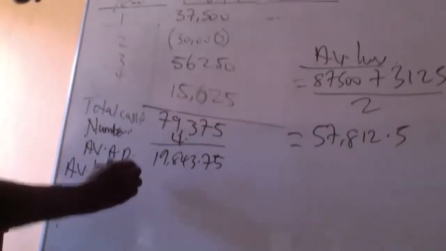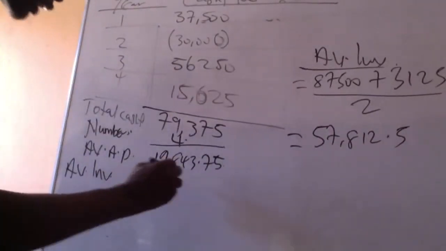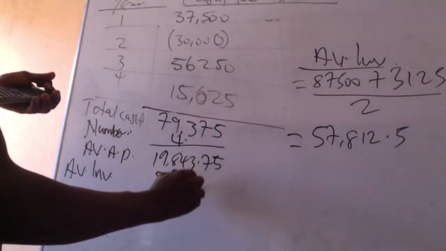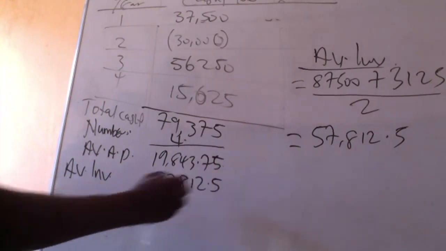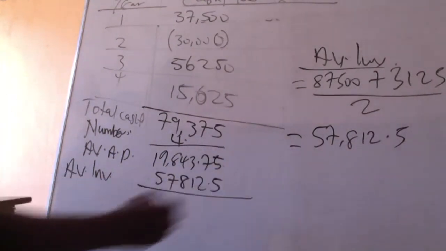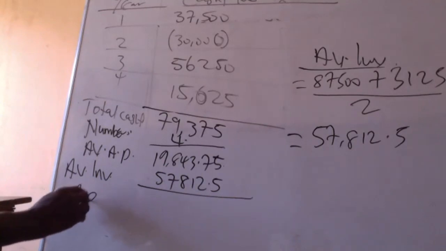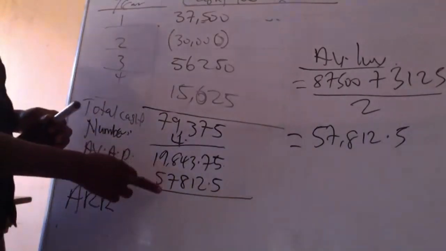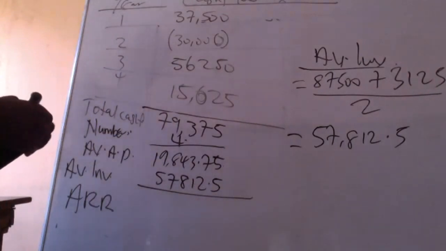Now let's pick it here. 57,812.5. So good. What is the ARR, accounting rate of return? Answer 19,000 divided by the 57, right? Good.